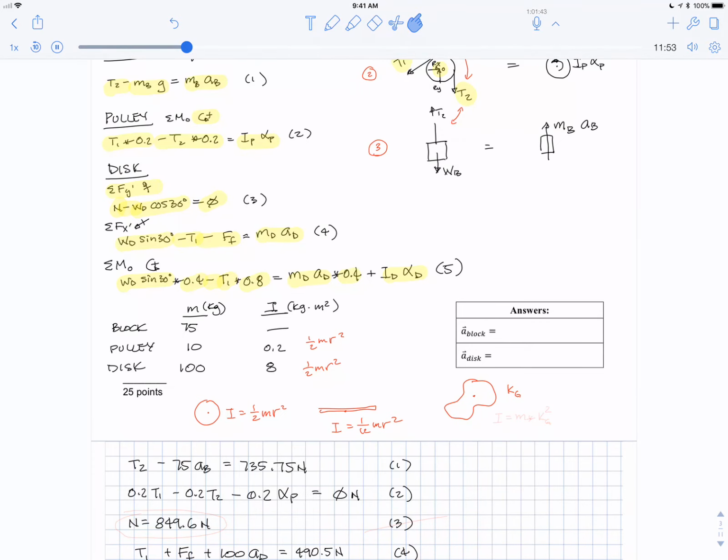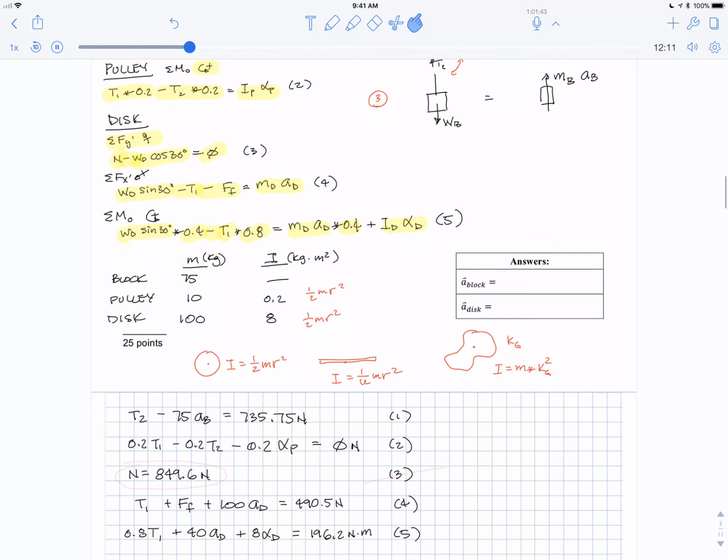In this book, it's K, so think radius of gyration. I is just mass times the radius of gyration squared, with no 1/2, 1/12 or anything. Those are the three I remember, and those get me through almost all of the problems.